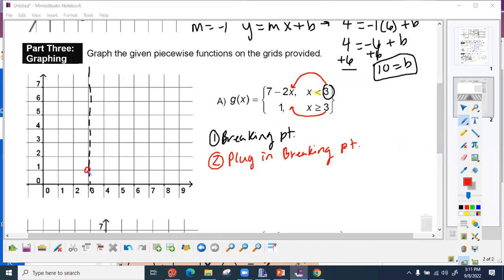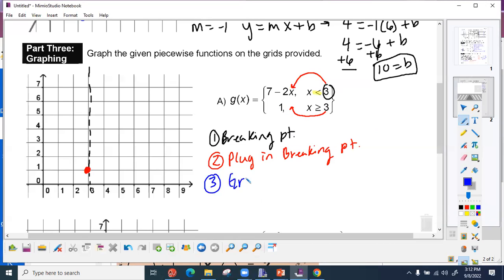So what used to be an open circle now becomes a closed circle. Because it says at 3, it's equal to 1.